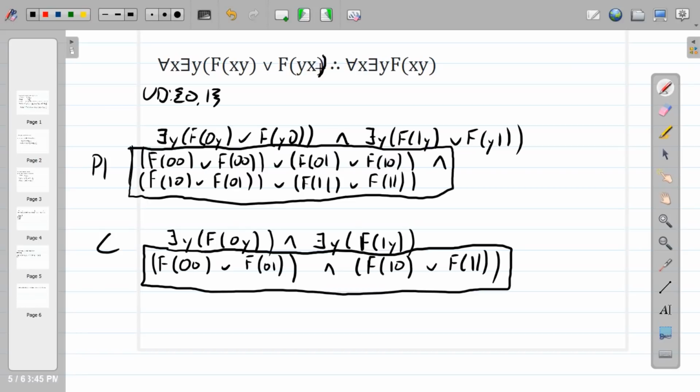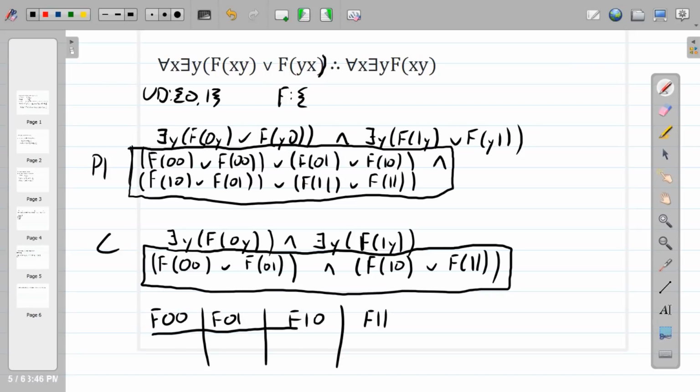Now, to do the invalidity, we just need to figure out what goes under the F predicate. It's going to be some set of ordered pairs that makes the premise true and the conclusion false. So how are we going to make this premise true? Oh yeah, and this is just for my own note-taking. This isn't me writing down the answer. I do this by writing down all the possible assignments and then putting true or false under them.